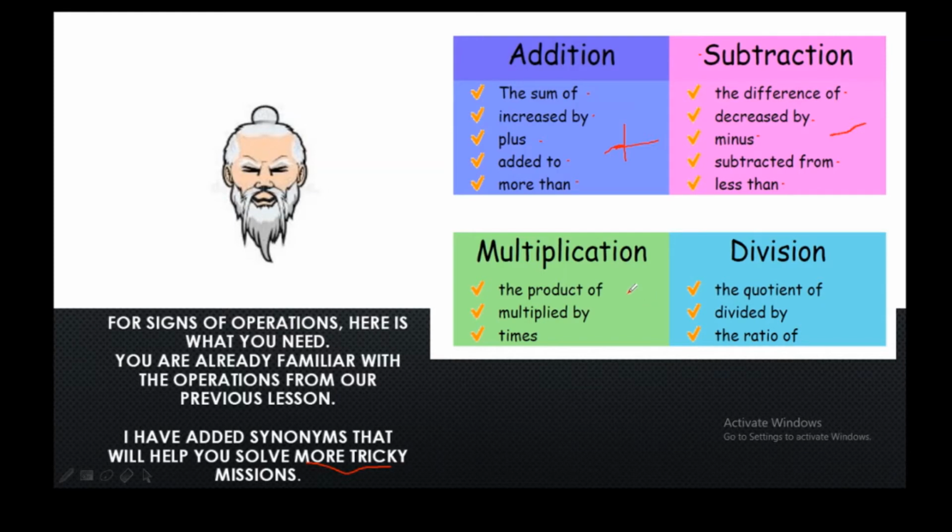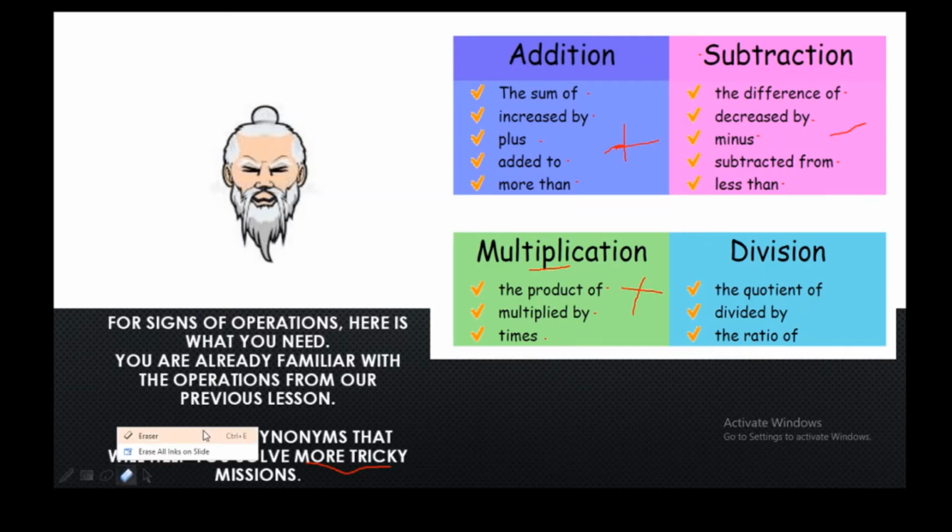Then further on, Sensei is saying if you see the product of, multiplied by, or times in a word problem, then you would have to introduce your multiplication sign, our times sign.